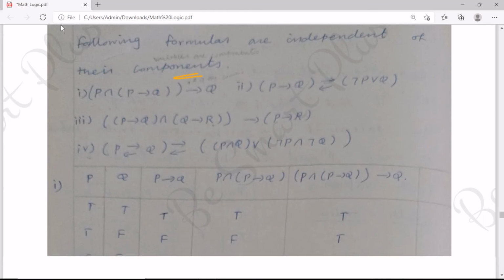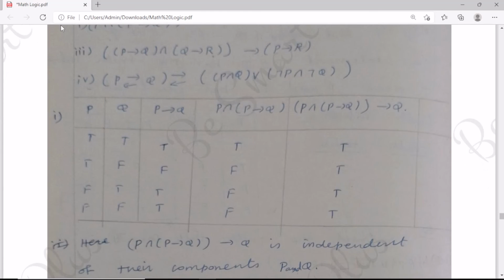If you find the truth values for all of these, look here. Let me take the first one. After finding the conditionals, applying the conjunction between them, and then taking the conditional statement, on the final value, this is the important thing under this topic. Look at the truth values: all are true. This doesn't coincide with either P or Q's truth values.